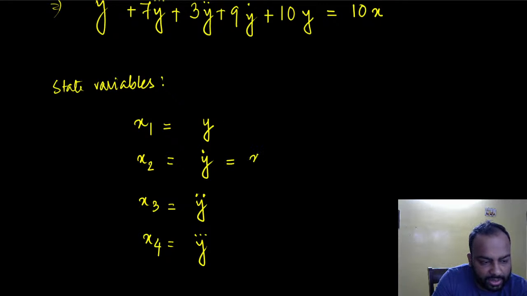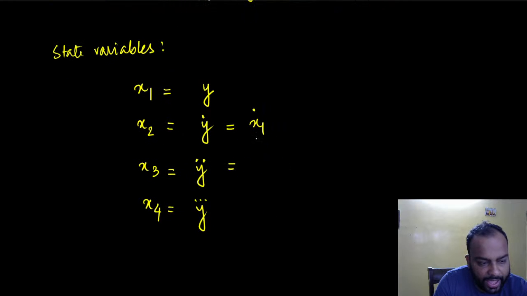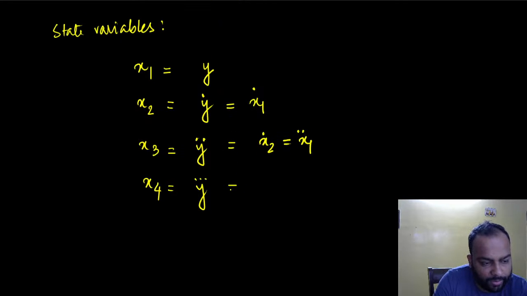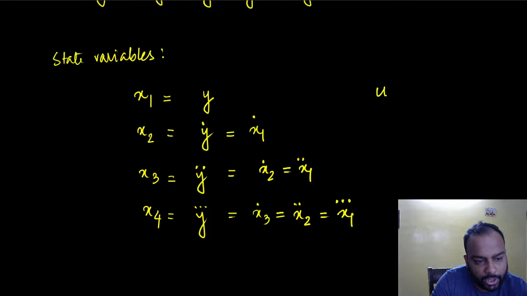This is x1 dot, this is going to be x2 dot, which is x1 double dot, and this is going to be x3 dot, which is x2 double dot, which is x1 triple dot, and of course my u is the input and y is the output.